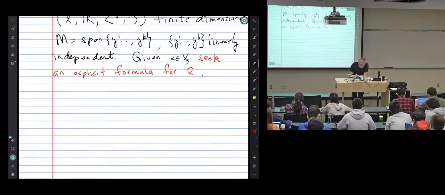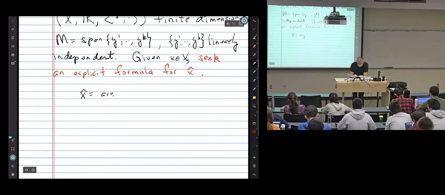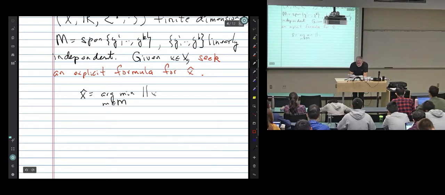So x hat is supposed to equal the arg min over m in M of the norm of x minus m.